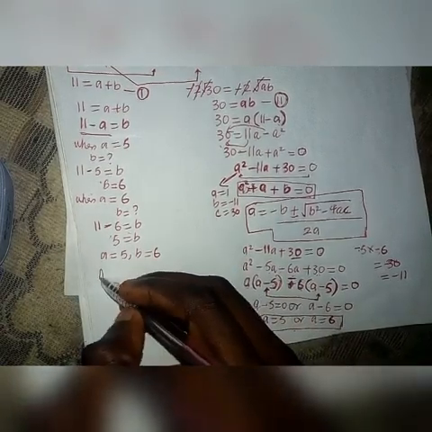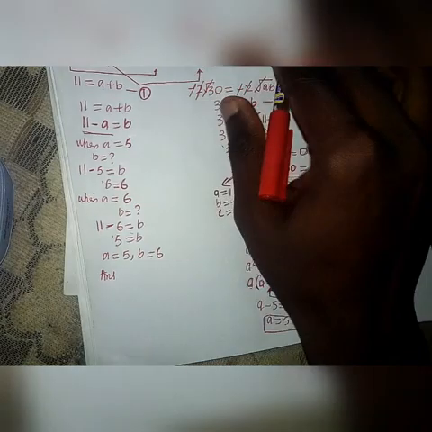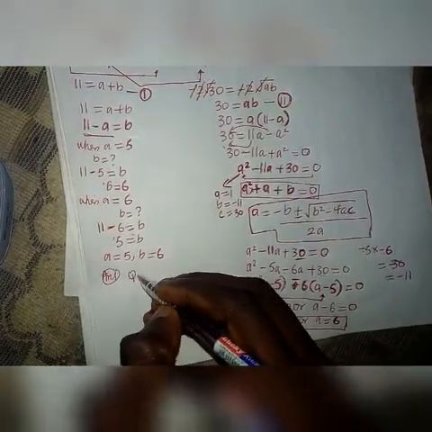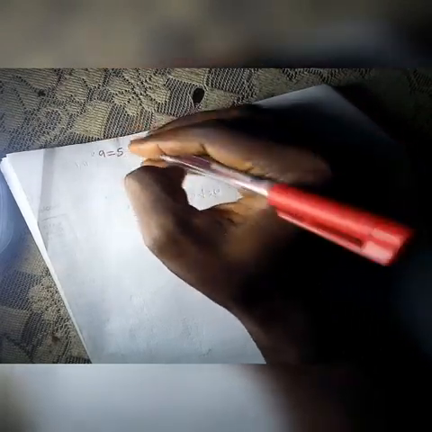So the answer must be in the order of your question. Your question is 11 minus 2 surd 30. So the answer we got was a is equal to 5, b is equal to 6.